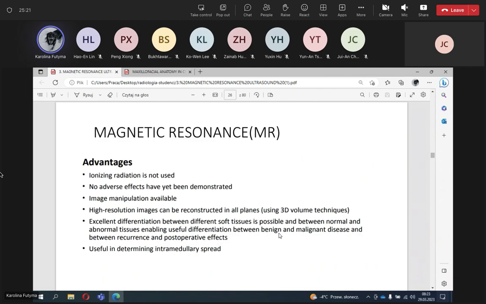Then, excellent differentiation between different soft tissues is possible, and between normal and abnormal tissues, enabling useful differentiation between benign and malignant disease, which is really important, and between recurrence and post-operative effects. Then, useful in determining intramedullary spread. So this is really useful in our brain MRI examination.